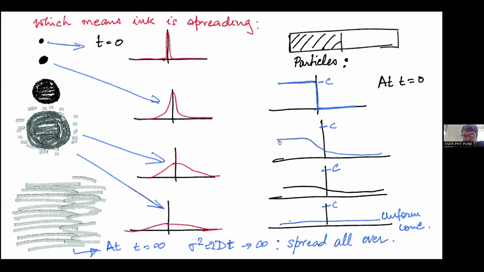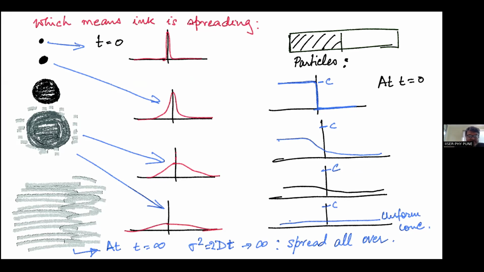So basically the concentration here is going to become lower and lower, and here the gradient is going to decrease. The concentration of particles here is going to increase, and finally you are going to have a uniform concentration. These are all solutions of the differential diffusion equation with different initial conditions and boundary conditions, right?